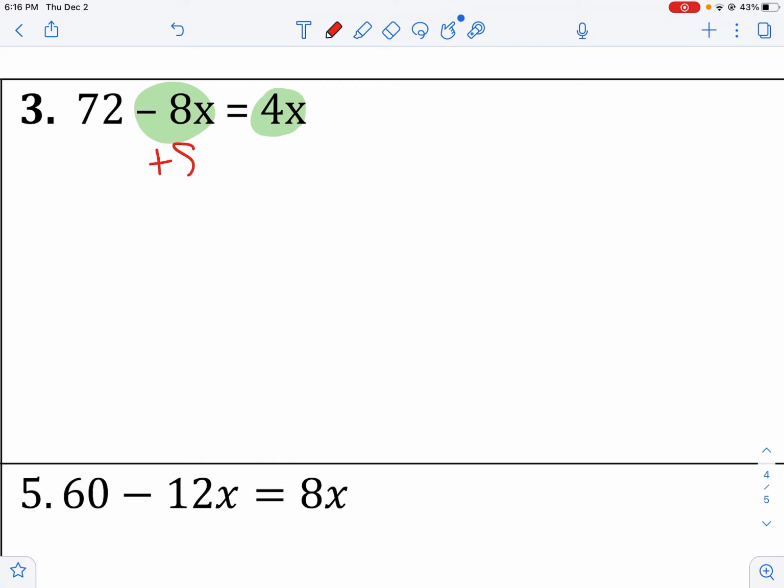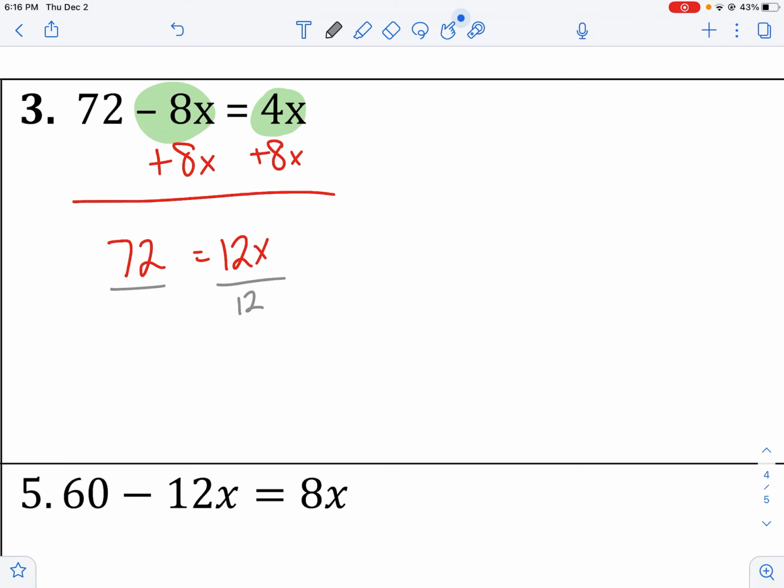And I would add 8x and add 8x. And I would have 72 is equal to 4 plus 8 is 12x. So my final step again, I see multiplying, so I would do the opposite operation. I would divide by 12, and x would just be a positive 6.